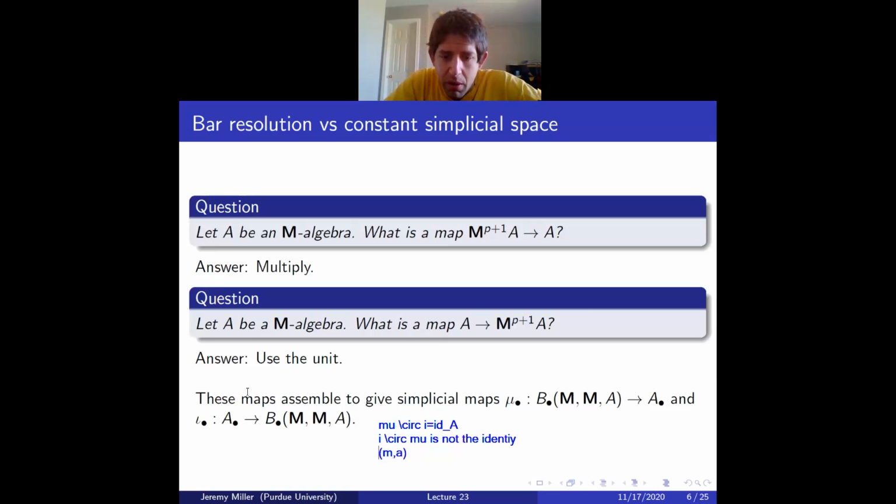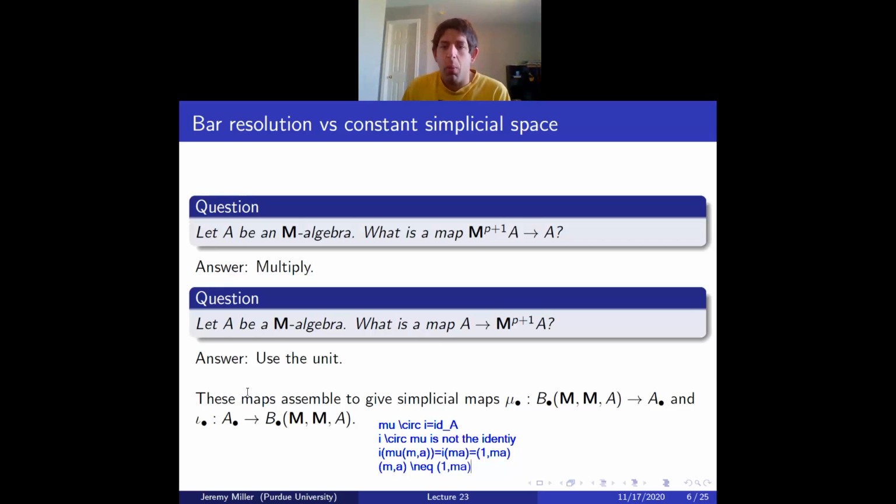If you take mu of this, it's going to be MA. And then if you take identity of this, it's going to be 1 comma MA. And in general, MA has no reason to be equal to 1 times MA.